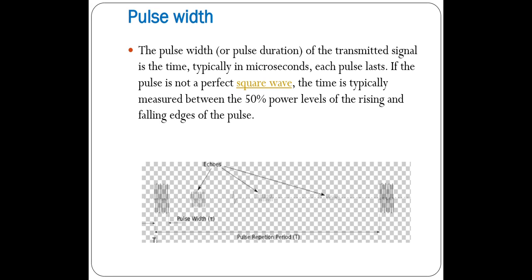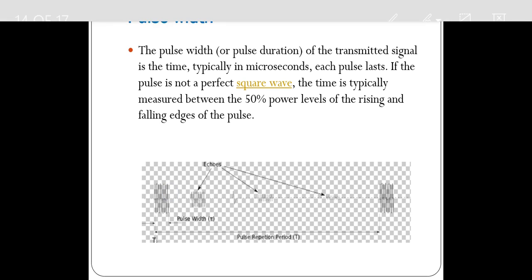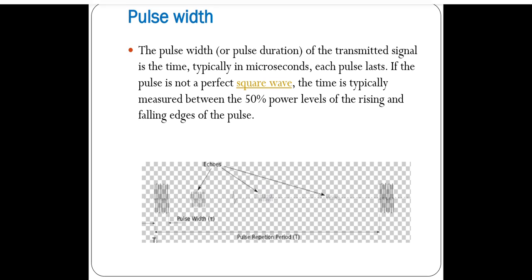If the pulse is not a perfect square wave, the time is typically measured between the 50% power levels of the rising and falling edges of the pulse. Here is the diagram which is showing the pulse.